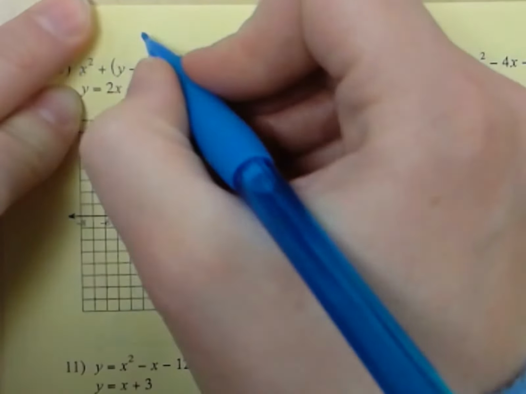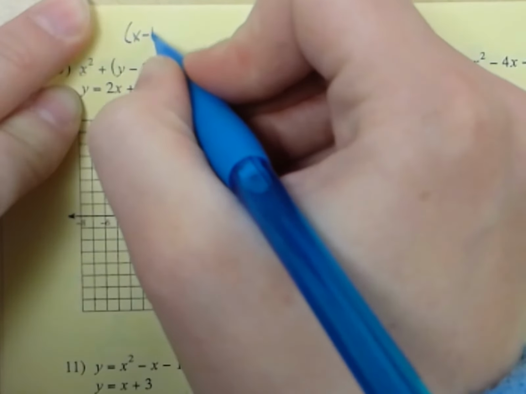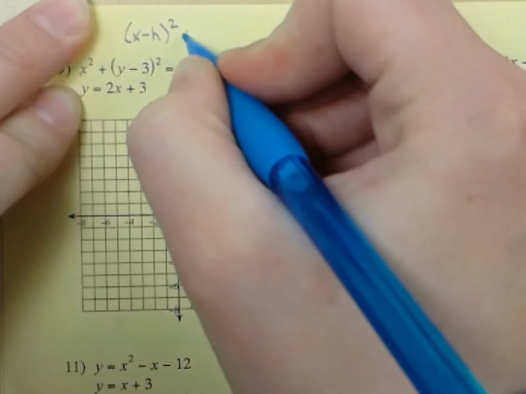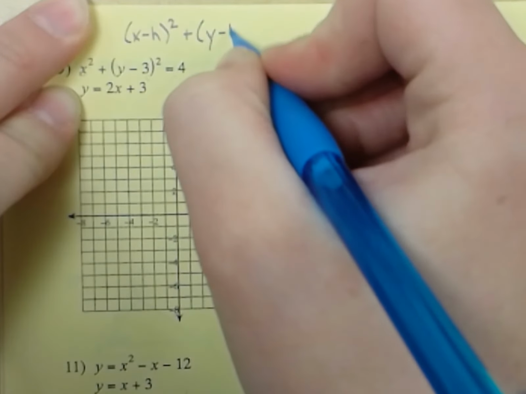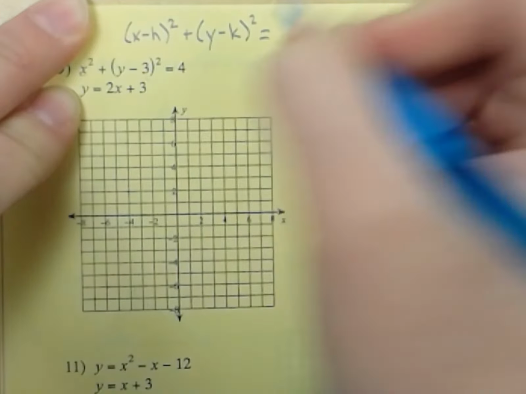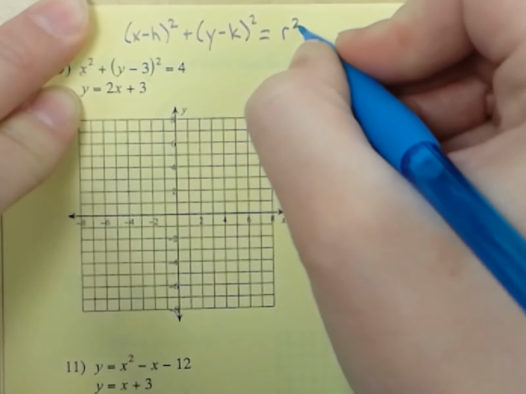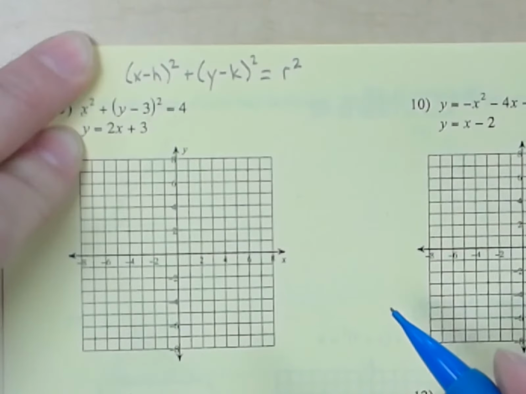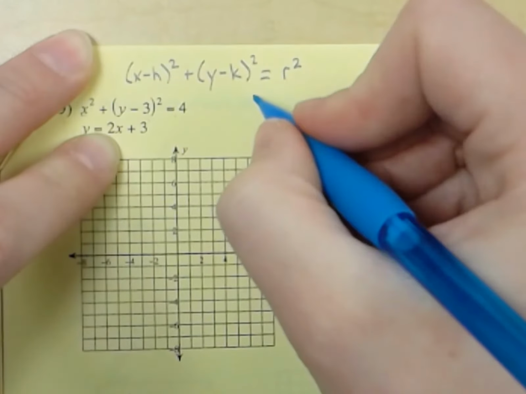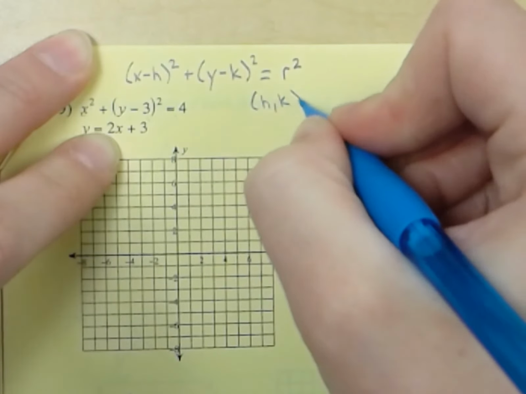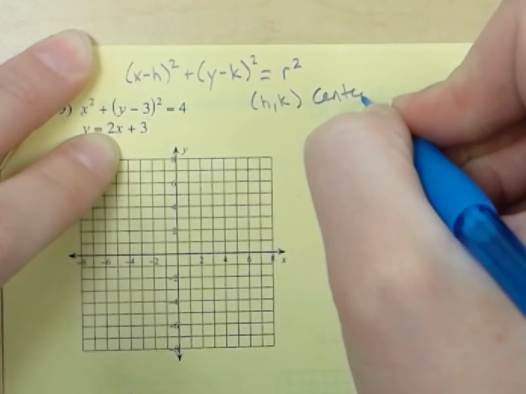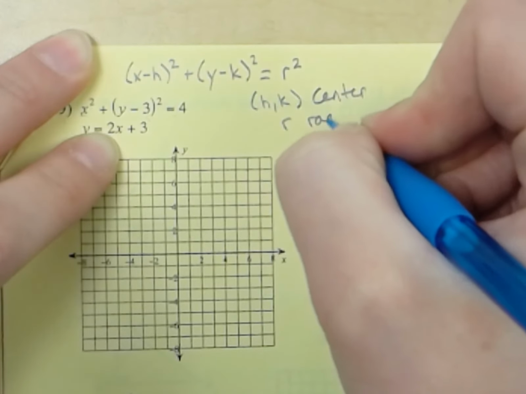Well, let's remind ourselves the standard form of a circle is x minus h squared plus y minus k squared equals r squared, where the coordinate (h, k) is the center and r is the radius.